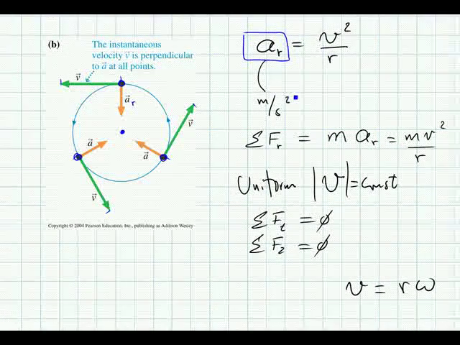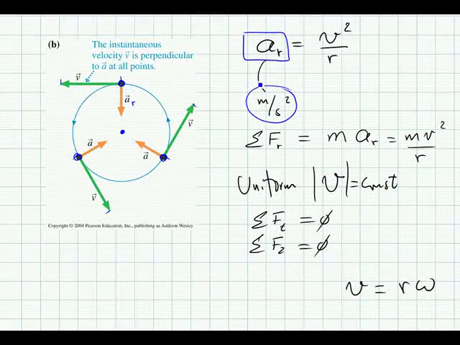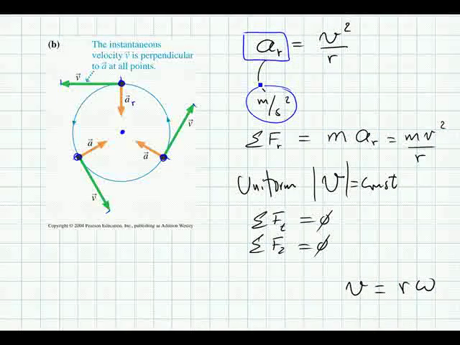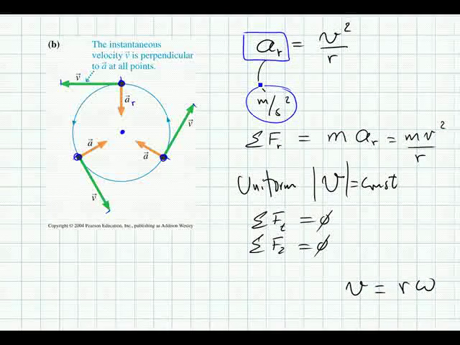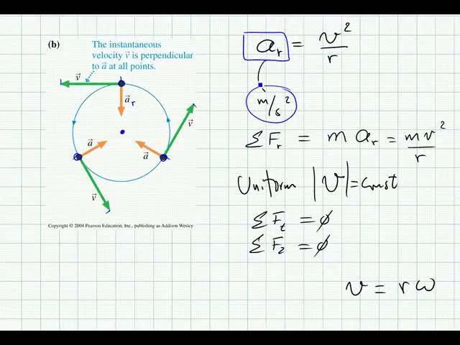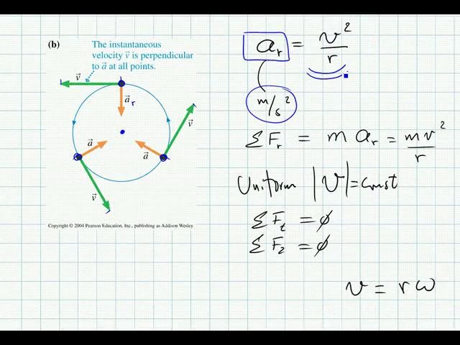Now it is an acceleration, so it has units of meters per second squared. It's linear because it always points towards the center of the circle, and its magnitude, I'll just give it to you here, and then, as I said, we'll prove it in chapter 13 when we do rotational motion, is equal to v squared over r.